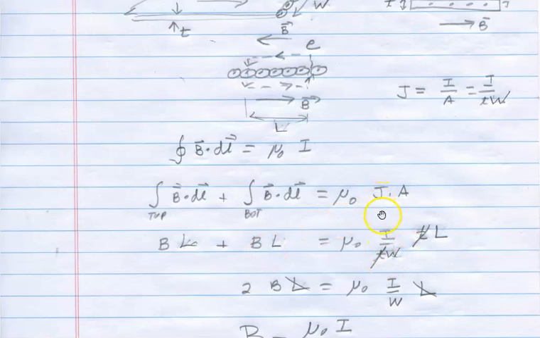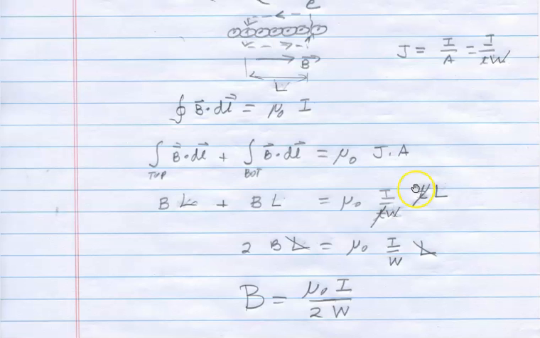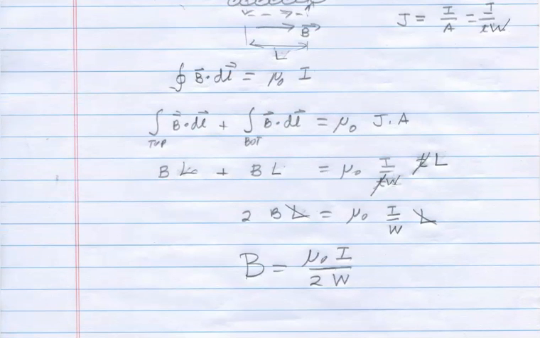I get the current density, I over T times the total width, times the area, which is the thickness times the length that the current flows through here. Those thicknesses will cancel. I'll get 2BL on this side, mu naught I W L, and then one of the L's cancels, and I get that the strength of the magnetic field just outside this ribbon sheet conductor of current is mu naught I divided by 2W, the whole width of it.